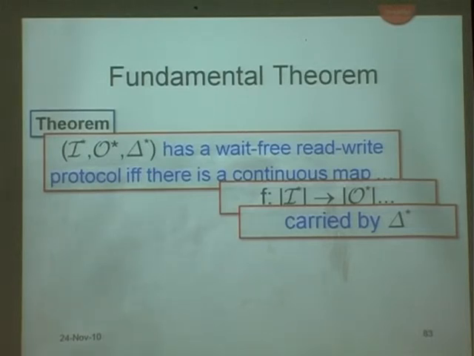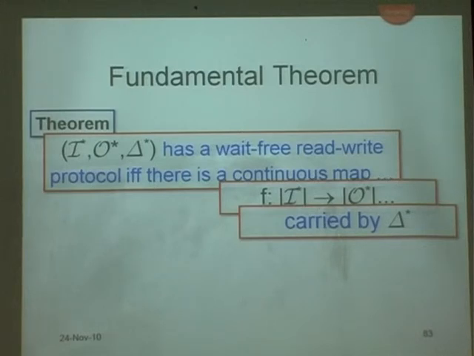And if you can't find a continuous map, if there's a hole in the way or something, then there's no protocol. So it's a way of linking together this discrete combinatorial world of algorithmic programs unfolding in time with this continuous world from analysis and so on.